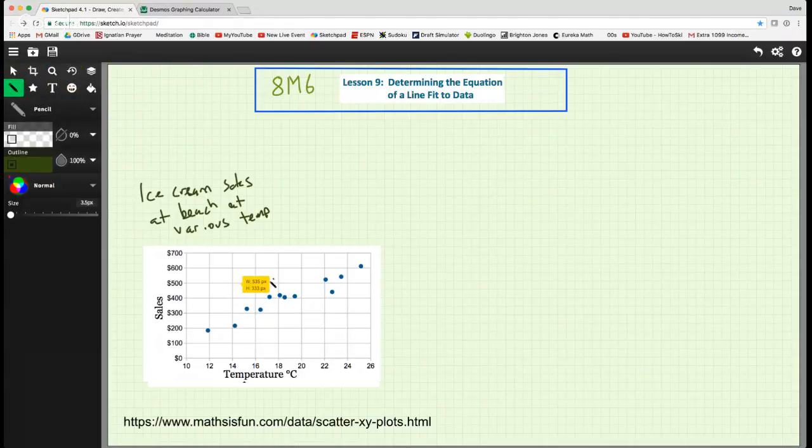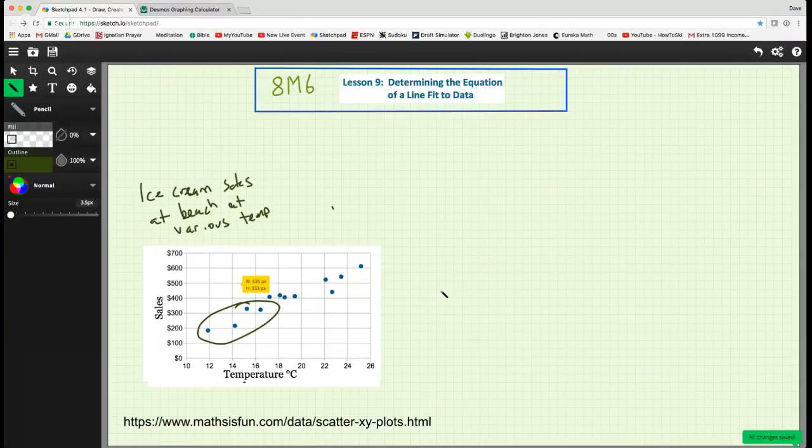Okay, so now we have this scatter data, and the question is this: is there a correlation between the temperature and the sales of ice cream? And I think you can see that the answer is yes. The lower temperatures have lower sales, and the higher temperatures have high sales, and medium temperatures have medium sales.